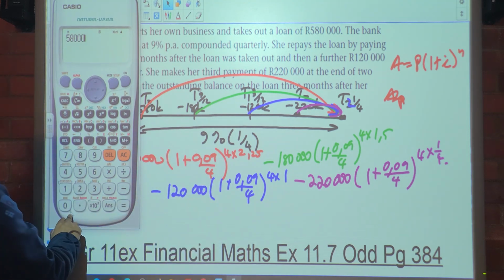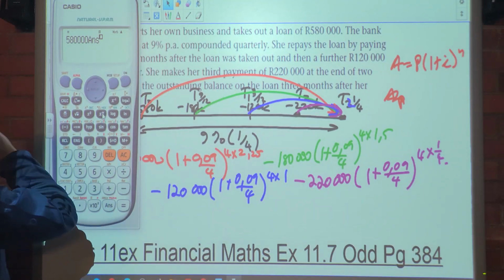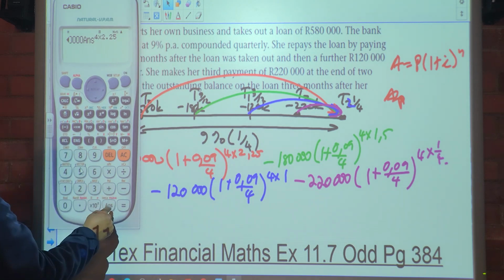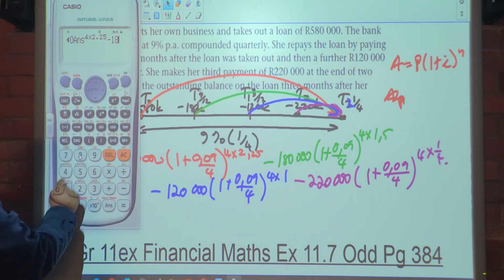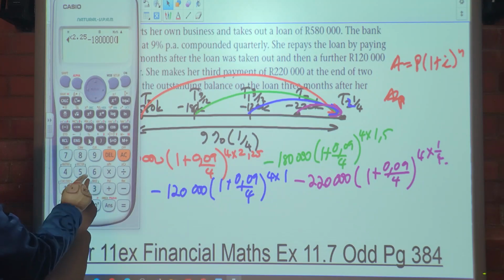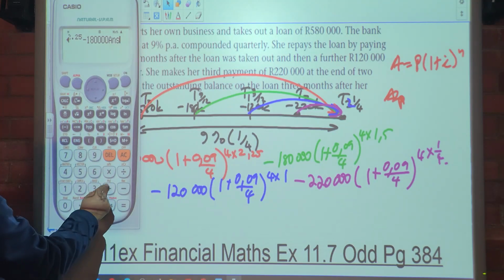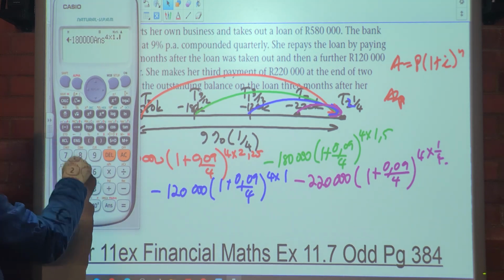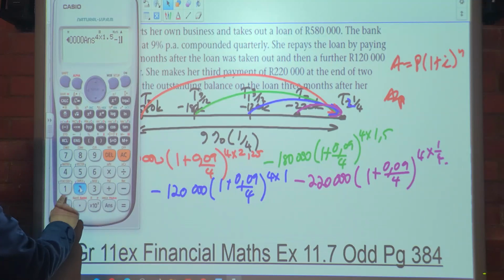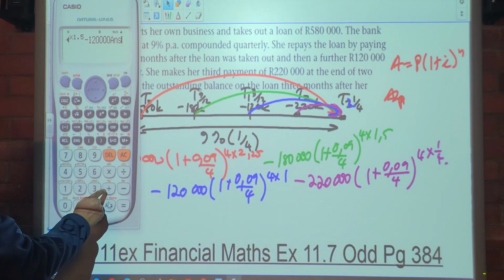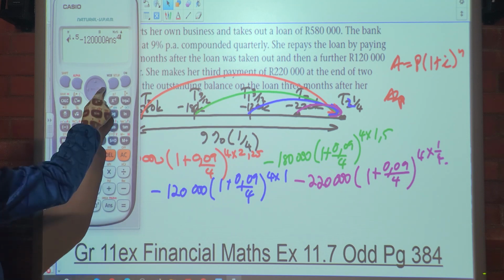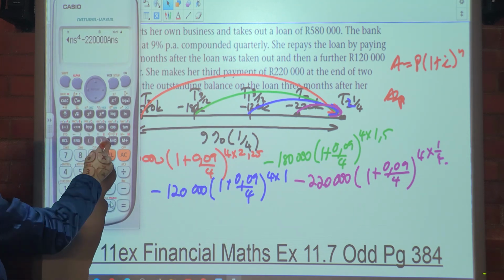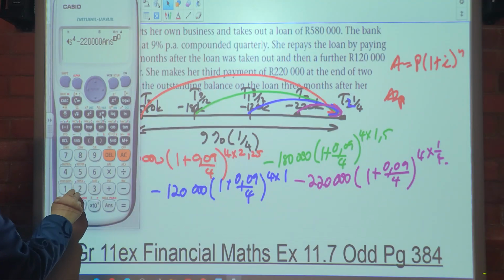So it's 580,000 answer to the exponent 4 times 2.25, which is 10, minus 180,000 answer exponent 4 times 1.5, which is 6, minus 120,000 answer exponent 4, minus 220,000 answer exponent.